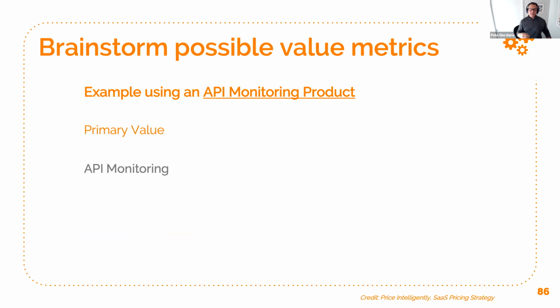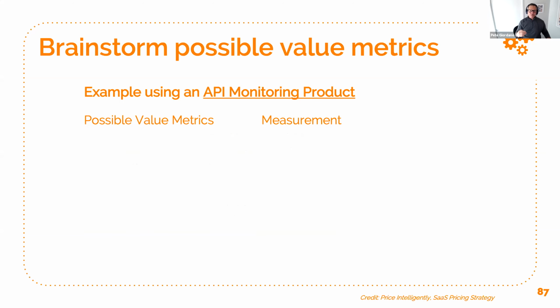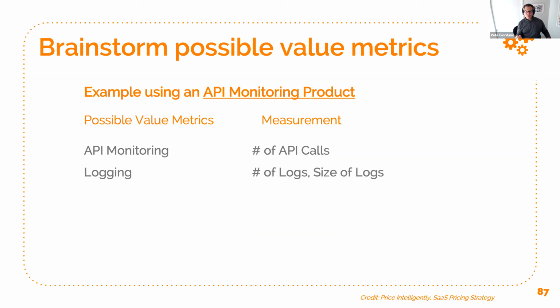So if we continue this idea, right, API monitoring product, primary value, API monitoring, but if we look at the secondary components, right, we've got logging, analytics, insights, reports, dashboard. And if we think about those in terms of metrics, then we can think of them one by one. We say, okay, maybe API monitoring is number of calls. Maybe logging is the size of logs, or the number of logs could be a viable metric.